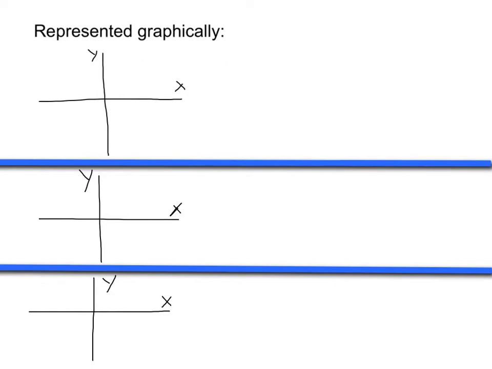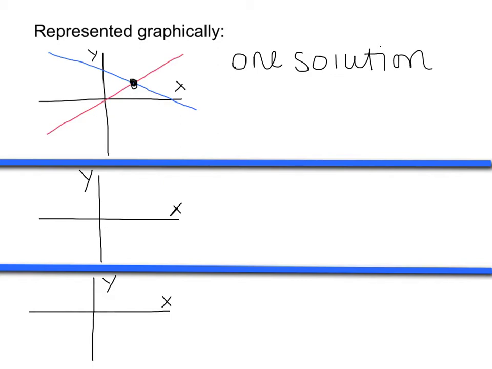Now let's see what these systems look like graphically. When two lines intersect at one point, this means they are going to have one solution. Since I have one solution, which means I'm going to have one answer, this is going to be an independent system.